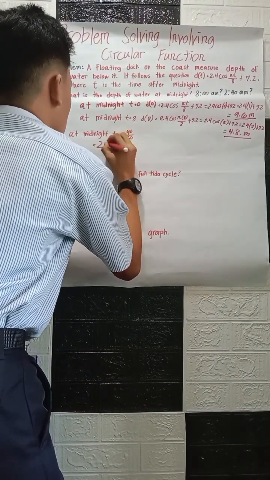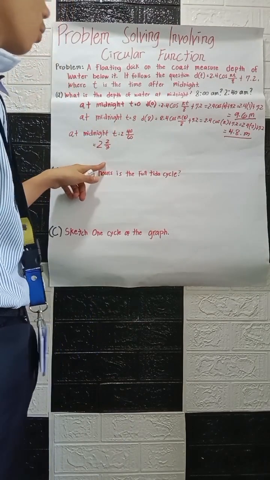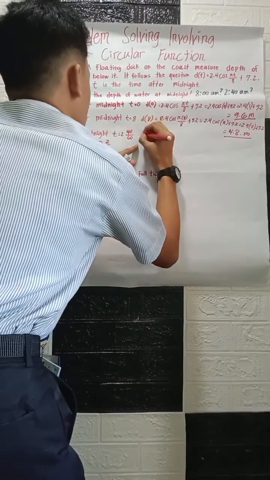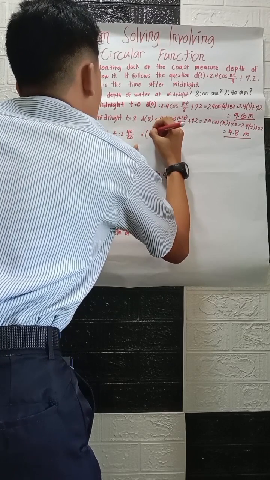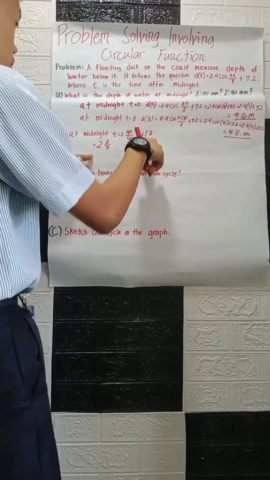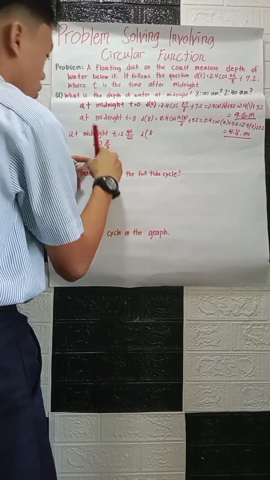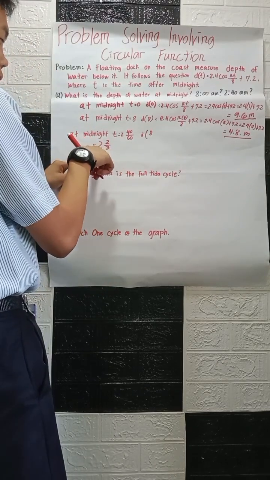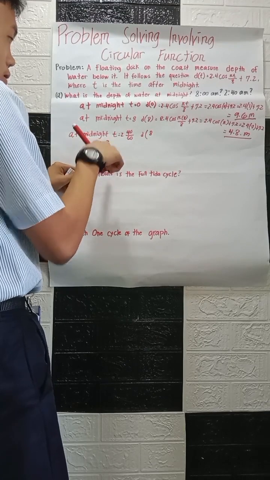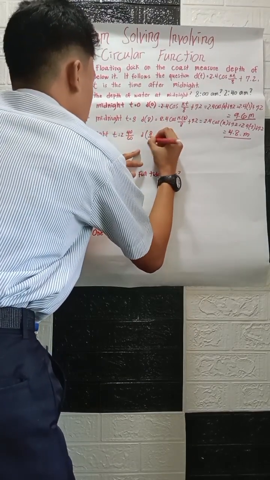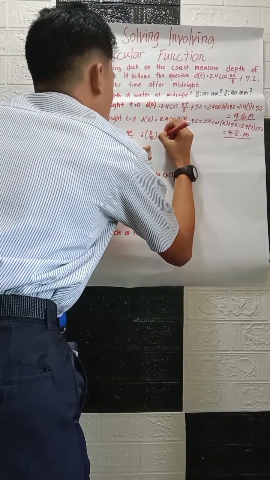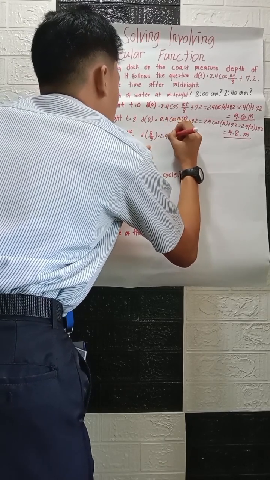So 2 over 3. So t is 8. So 3 times 2 is equal to 8 plus 2, and 3 times 2 is 6 plus 2 is 8. So 8 over 3. So copy: 8 over 3 is equal to 2.4 cosine theta.